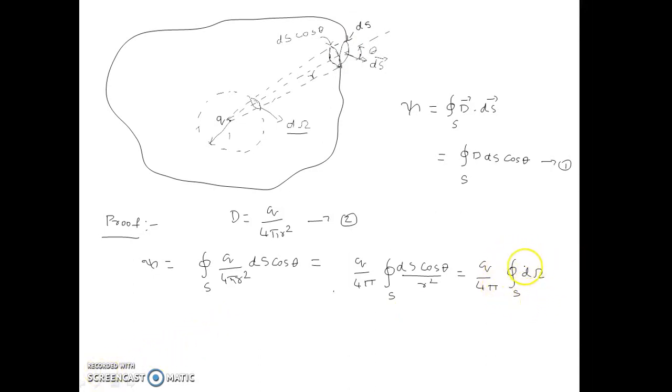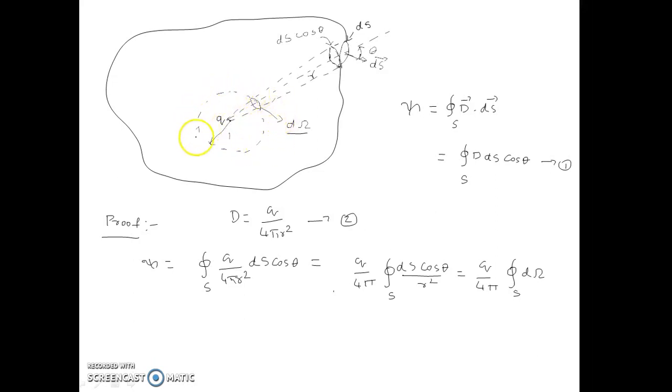This integral is the total solid angle subtended at this point q by the entire closed surface, which is nothing but the area on the surface of the unit sphere with center at this point.